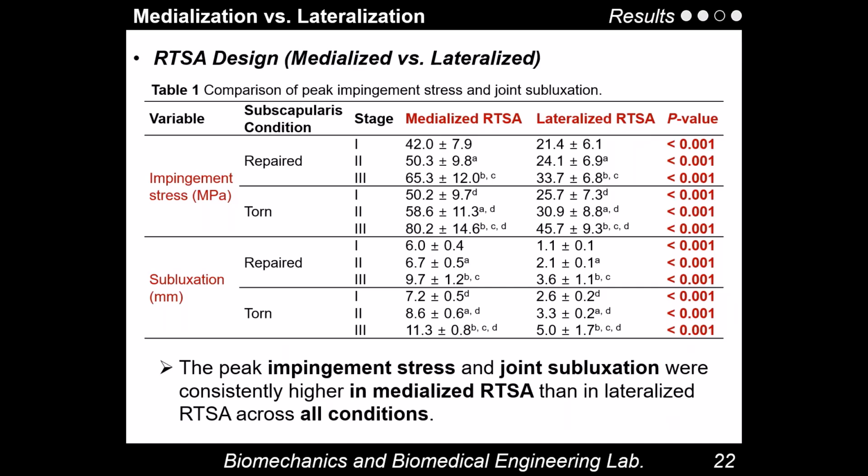For instance, in the worst case scenario of stage 3 with torn subscapularis, the medialized RTSA reached a stress of 80.2 megapascal and a subluxation of 11.3 millimeter, whereas the lateralized RTSA stayed much lower. As summarized at the bottom, peak impingement stress and joint subluxation were consistently and significantly higher in the medialized RTSA than in the lateralized RTSA. This suggests that implant design itself is a primary factor in maintaining joint stability and reducing mechanical stress.